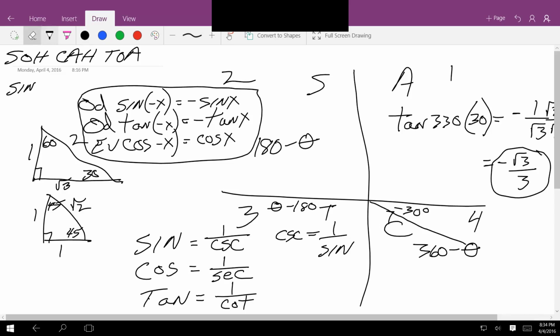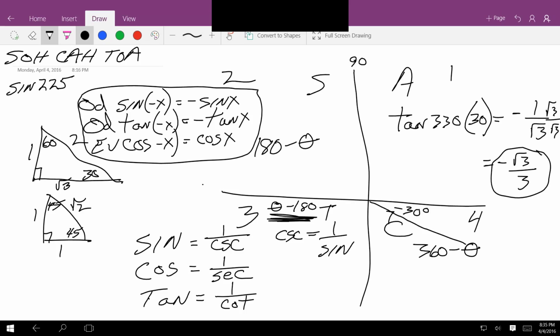What was it? Sine of 225? Yeah. Based on this, what is the reference angle going to be? In other words, first of all, you need to know you're in the third quadrant. Let's label these quadrants. That's 90, that's 180, and that's 270.